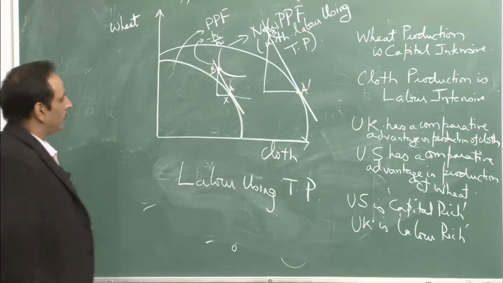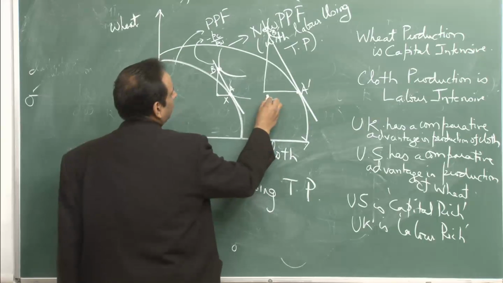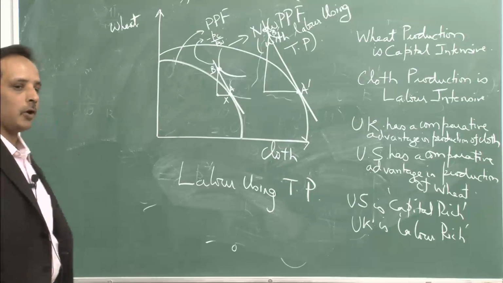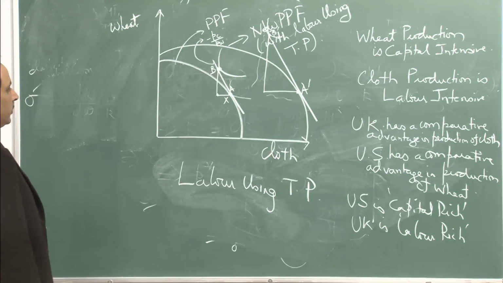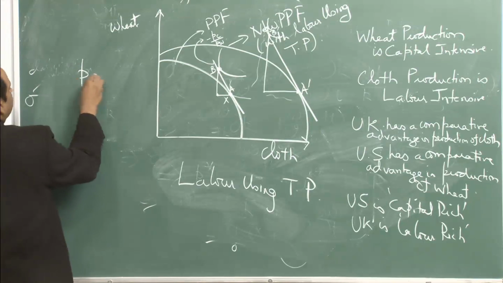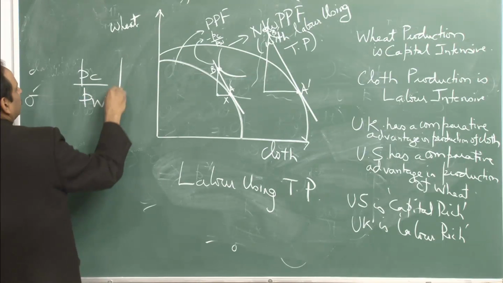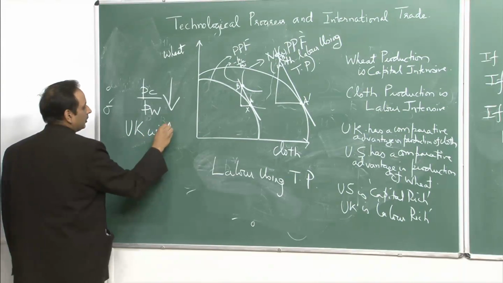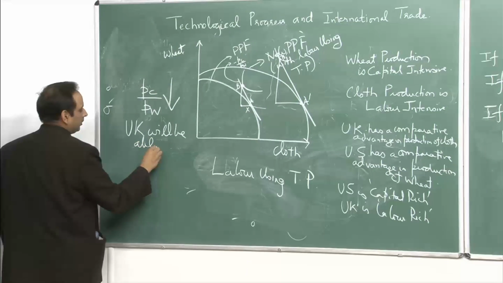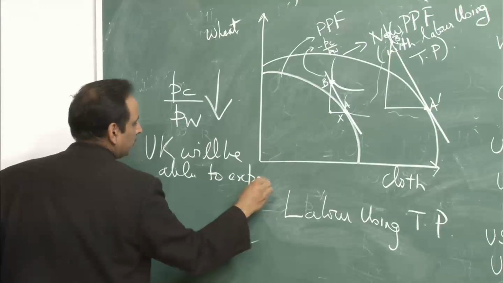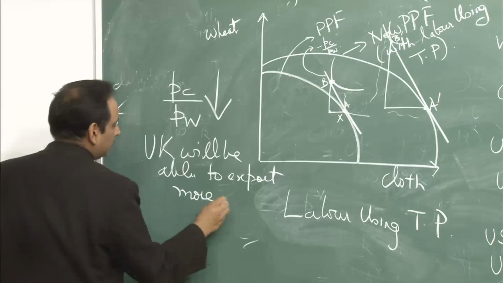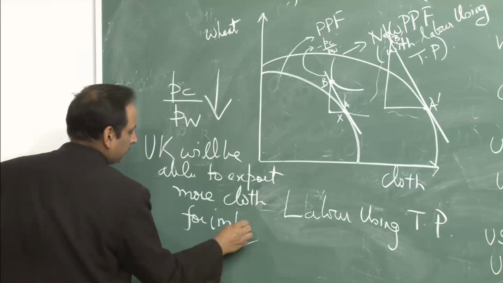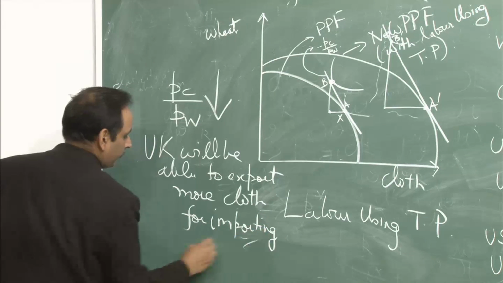But if this needs to happen, that means if you need to export more of cloth and import more of wheat, that is only possible if the price of cloth by price of wheat goes down. Then only will the UK be able to export more cloth for importing more wheat.